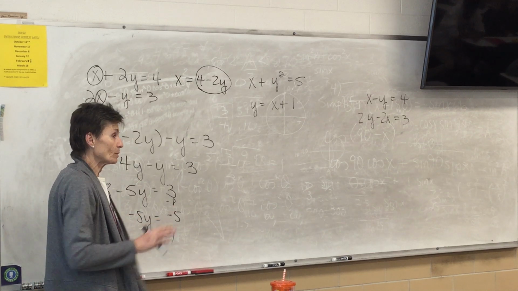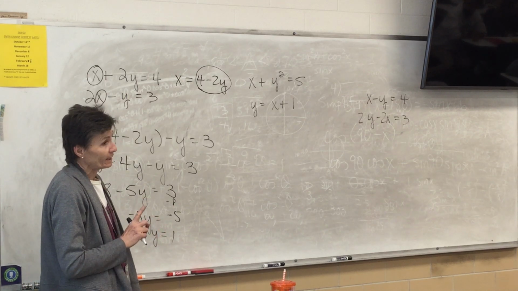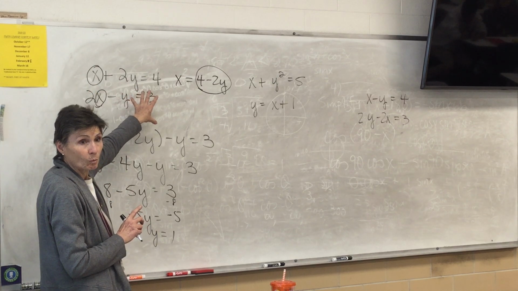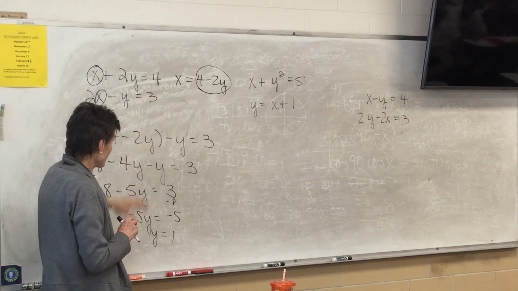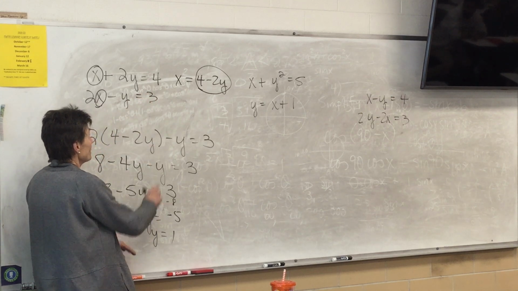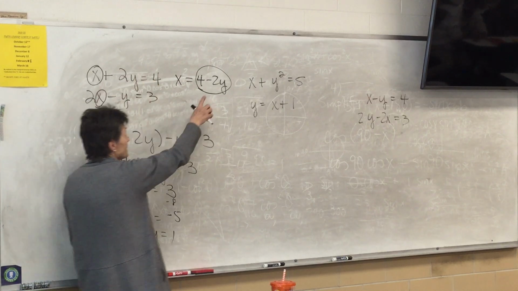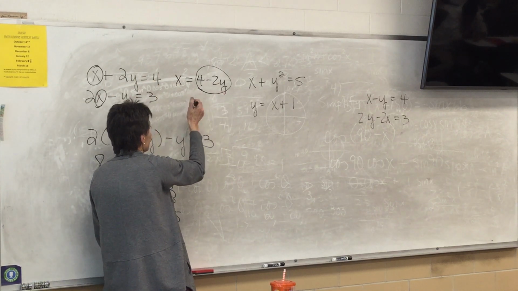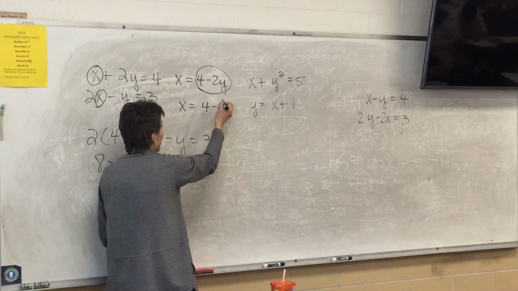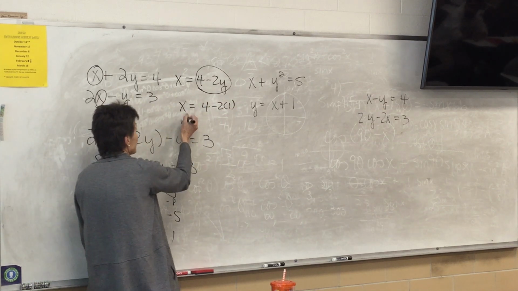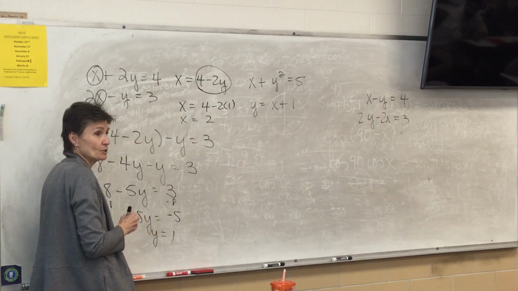Now sometimes we get so excited we think we're done, but we're not done because we have to solve for x and y. So I know what y is. So now I can come up anywhere up here, but it's easier, I think, right here because x equals 4 minus 2 times 1. So x equals 2, 4 minus 2.